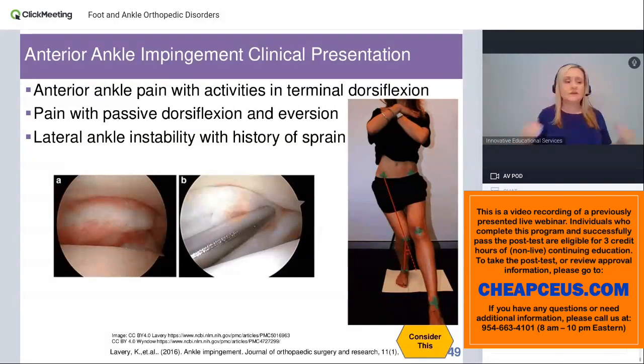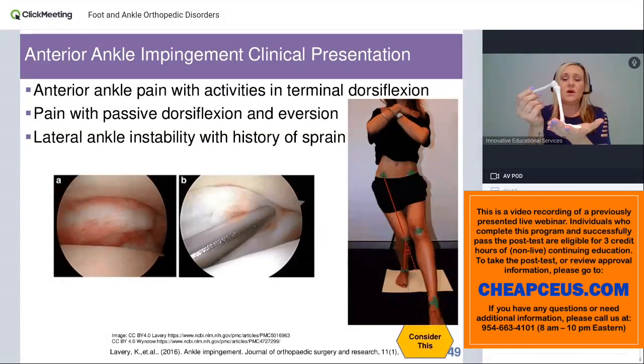What happens is the individual, again, we're looking 9 to 12 months post injury, so we have to distinguish it from chronic ankle instability. But this is your individual when they're in terminal dorsiflexion. So if they're doing a deep squat, they're going to have deep seated pain.